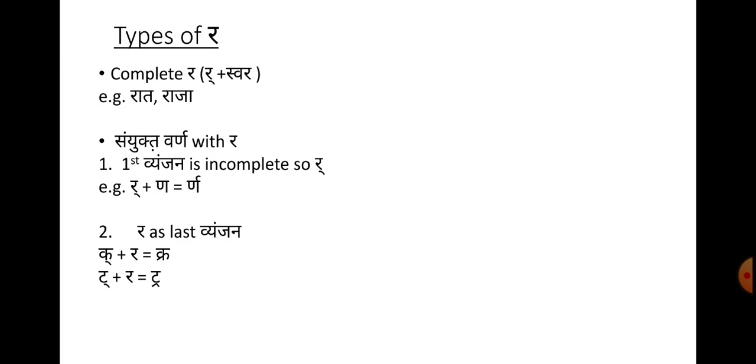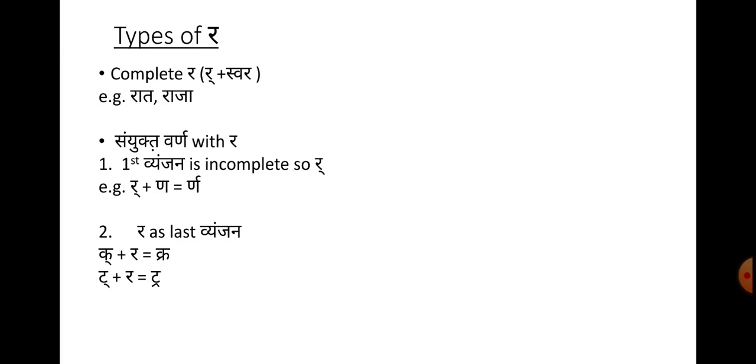First is when R is the first Vyanjan of Sanyukta Varna. Here we all remember that the first Vyanjan of Sanyukta Varna is always incomplete, means it doesn't have swar.